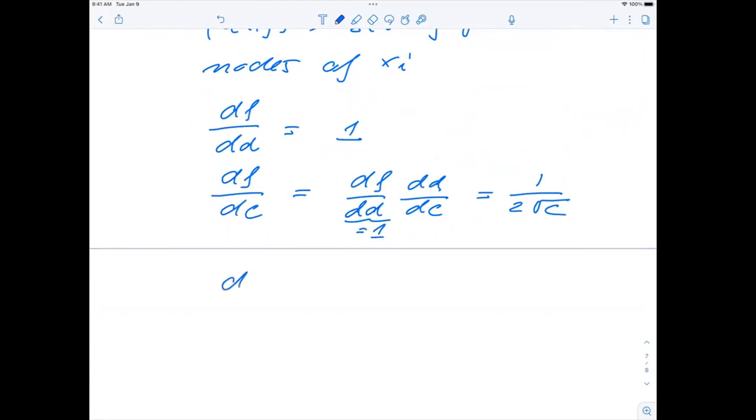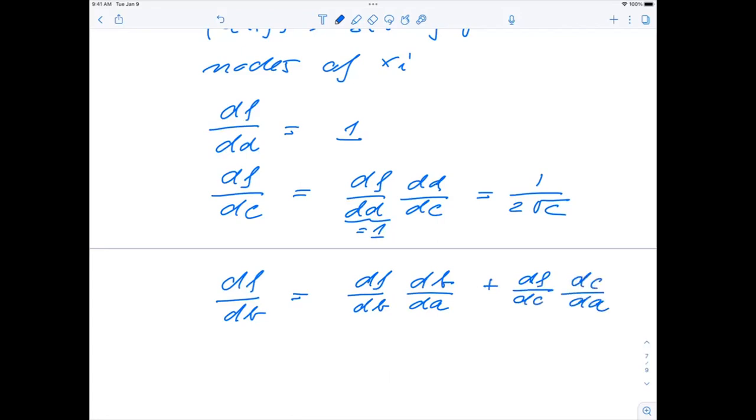Then we have the next step, which is df over db, and that is given by df over dc times dc over db, and that's given by the exponential of a, this b, plus df over dc times dc over da.